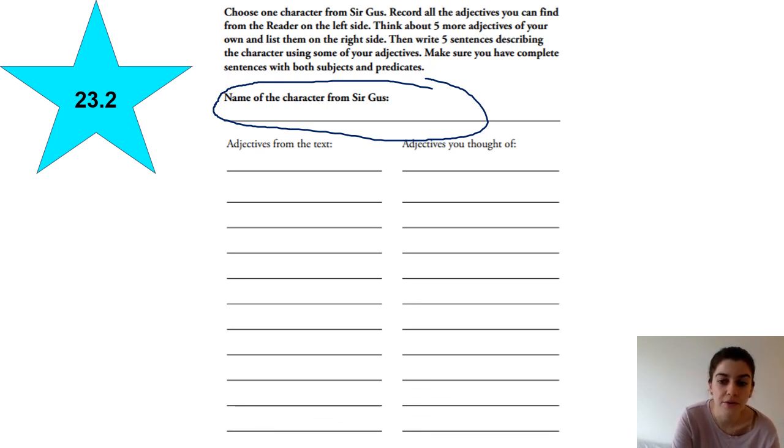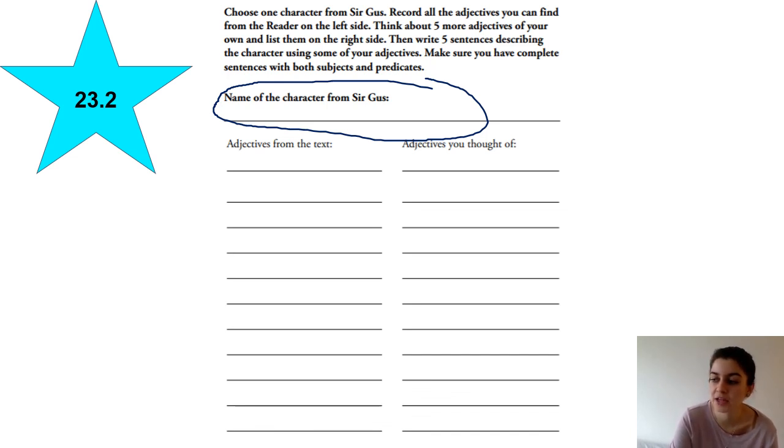But I would like you to look back in the story from today and find 3 adjectives that describe King Alfred. Remember that an adjective is just one word that describes someone. So you could say the funny girl, and funny would be your adjective.